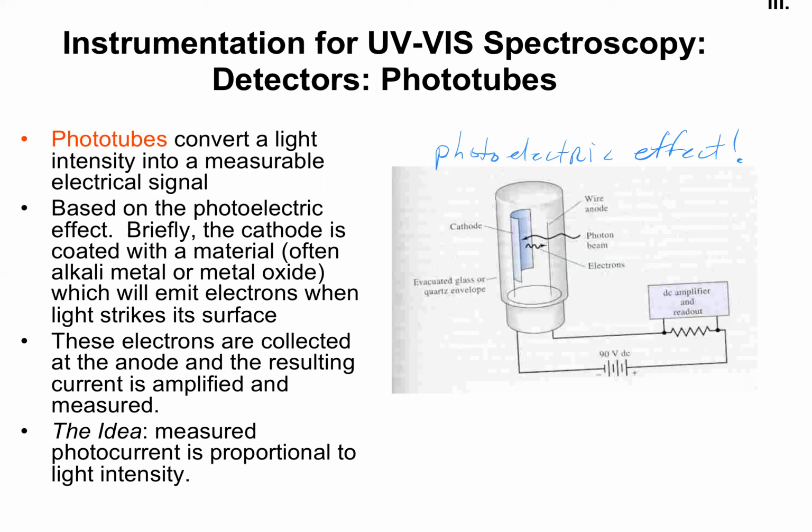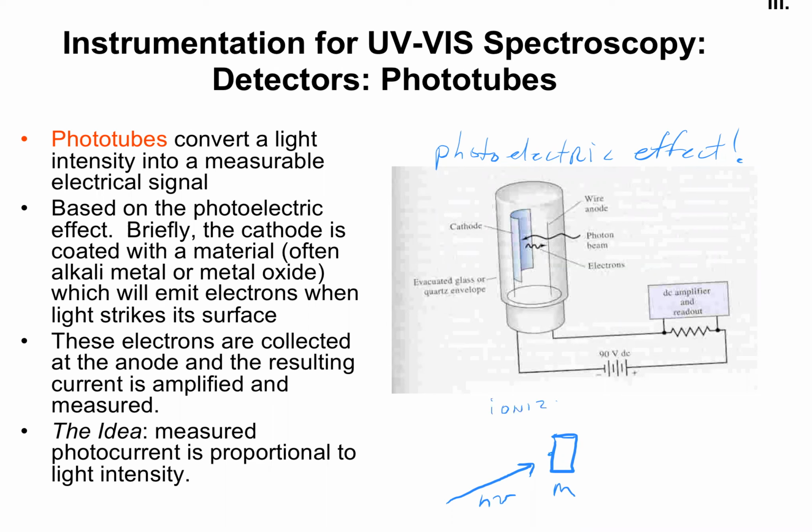Now, what this basically is, if you have a surface of a metal or some substance, okay, and you shine a beam of light at it. If that beam of light is of sufficient frequency and energy, a really interesting thing happens right here at the surface.